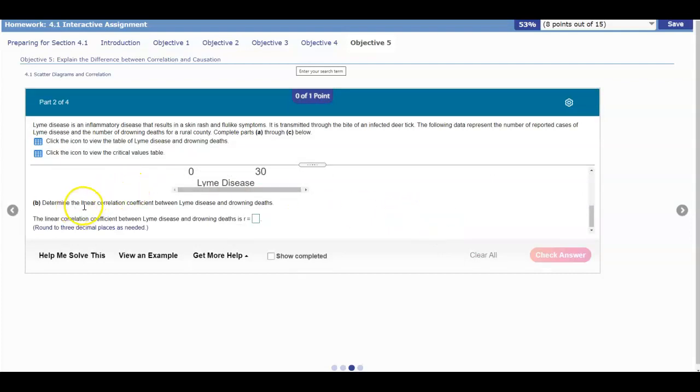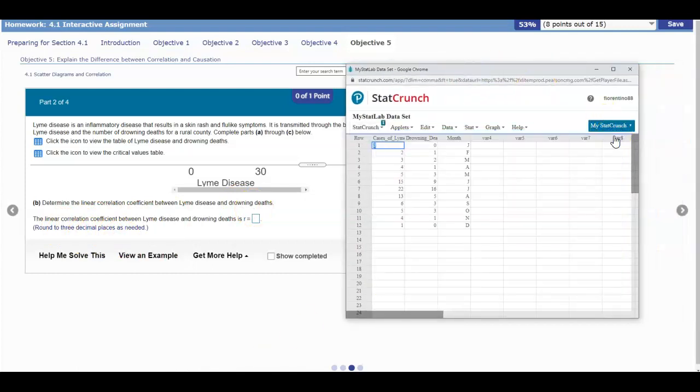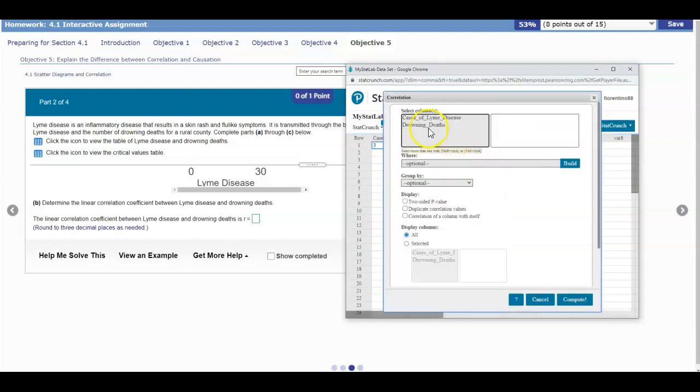Now it says determine the linear correlation coefficient between Lyme disease and drowning deaths. We need to round this to 3 decimal places. So we're going to come back to our data, close out of this, and go to Stat, then select Summary Stats, and go to Correlation. Then we highlight both cases of Lyme disease and drowning deaths and select Compute.